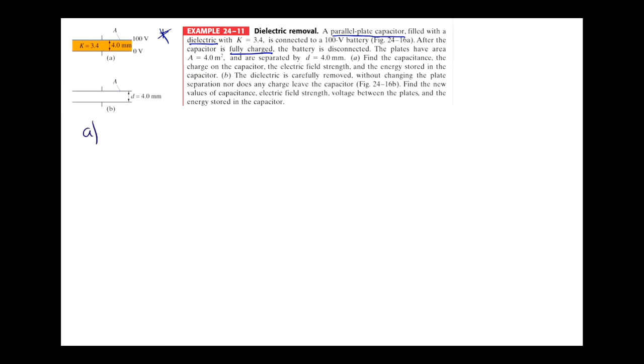So we can start here with, we'll say, a charged capacitor with a dielectric. And we are going to find C, and what else? Q, and E, and the energy. C, Q, E, and U.